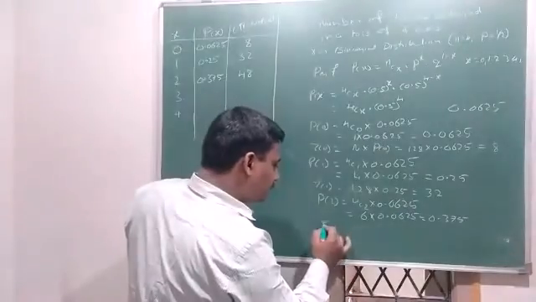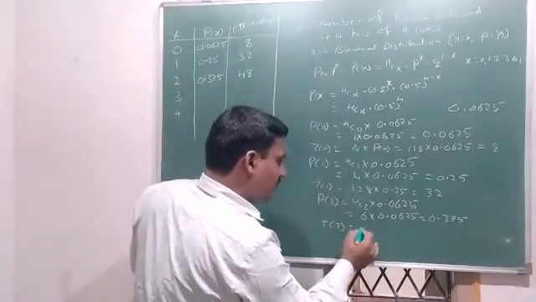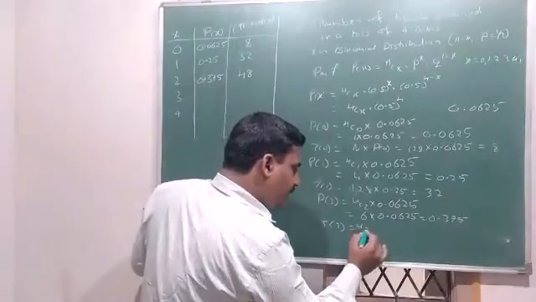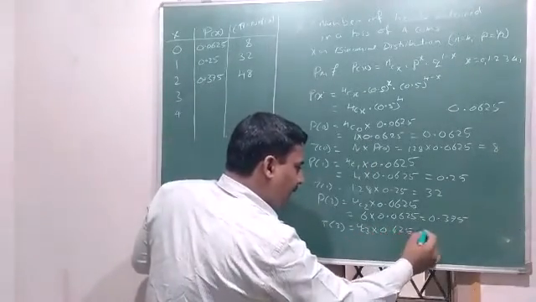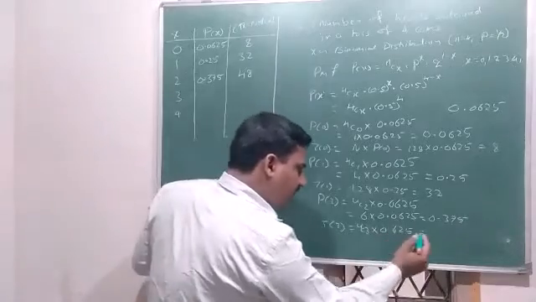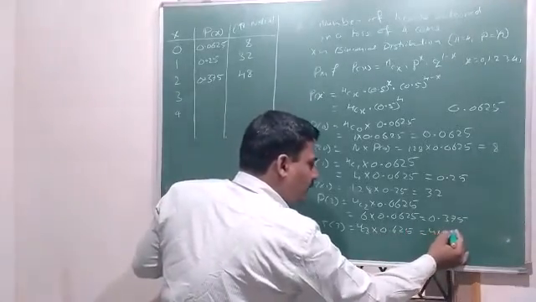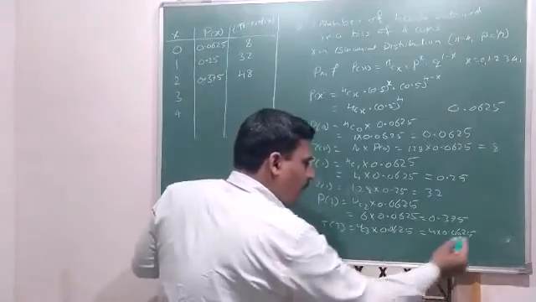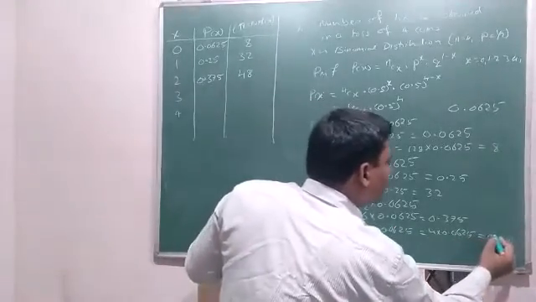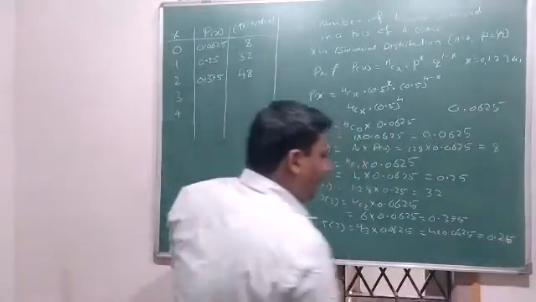And next, P of 3 is equal to 4C3 into 0.0625. 4C3 is 4, so we get 0.25.